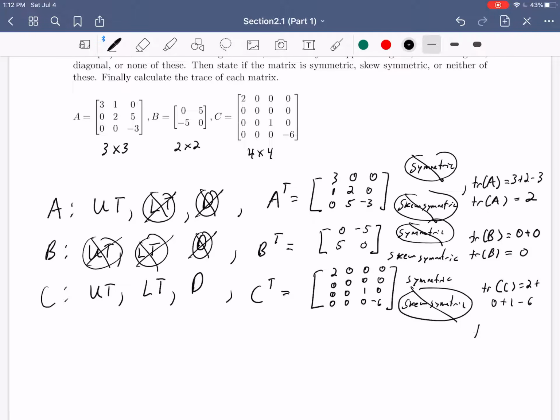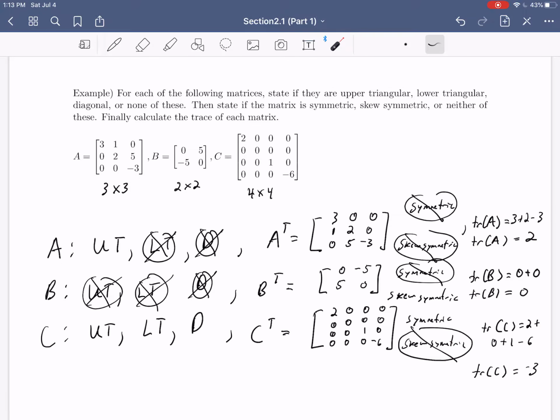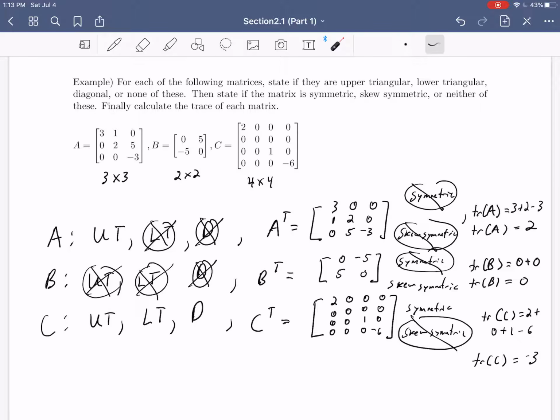And if we add those up, it looks like trace of C is negative 3. So we got trace of A is 2, trace of B is 0, and trace of C is negative 3 there. So there we go. We just went ahead, confirmed whether or not these were upper triangular, lower triangular, diagonal, none, symmetric, skew symmetric, neither, and we calculated the trace. So that just helps you guys practice all those definitions in terms that we just mentioned there.